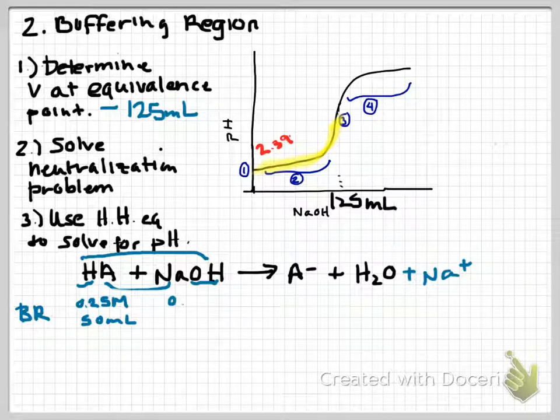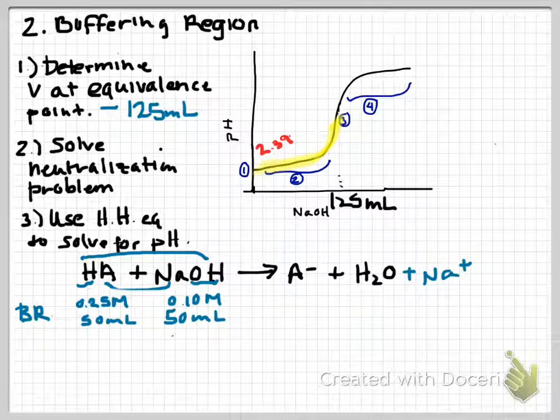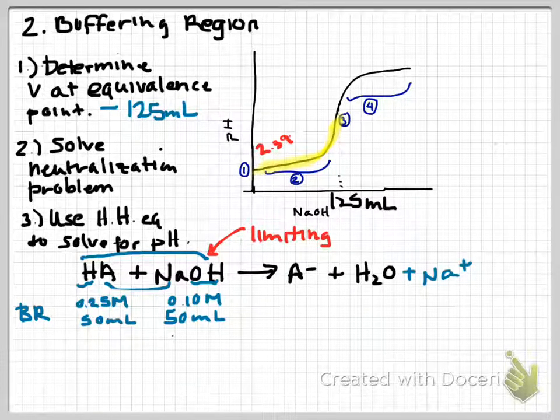And now I have 0.10 molar, and 50 mL of NaOH as well. And this now is a limiting reactant problem, and the NaOH is going to be my limiting reactant.